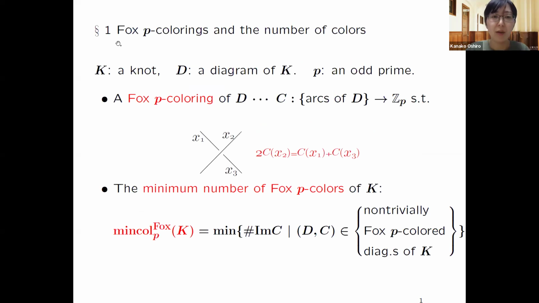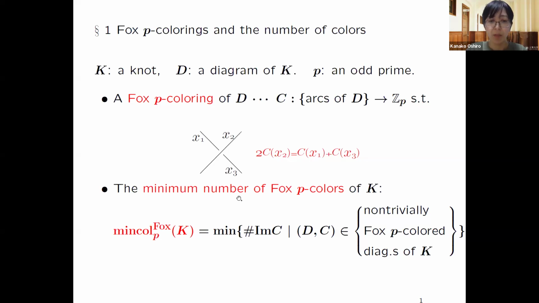So let me start with the definition of Fox p-colorings. Let K be a knot, D a diagram of K, and let p be a prime number. A Fox p-coloring of D is a map from the set of arcs of D to Z_p satisfying this condition: twice the color of the over arc is equal to the sum of the colors of the under arcs.